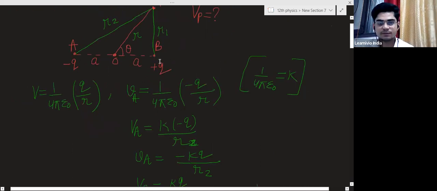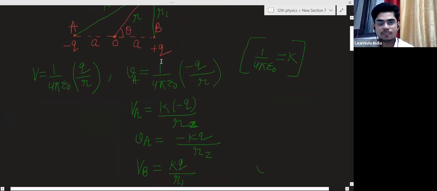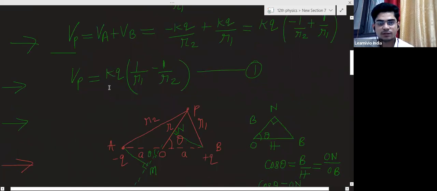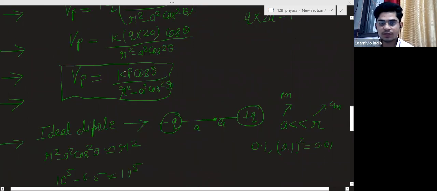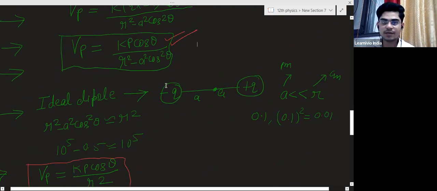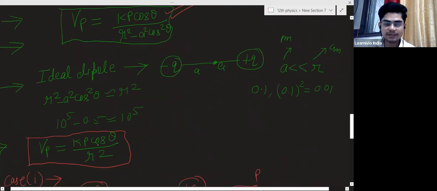I have derived this, and finally we got this formula, Vp equal to Kp cos theta divided by r square minus a square cos square theta. And after that, we converted this formula to Kp cos theta by r square for an ideal dipole. Okay, and Hamza, one thing more, if you want to note this in your notebook, please tell me.